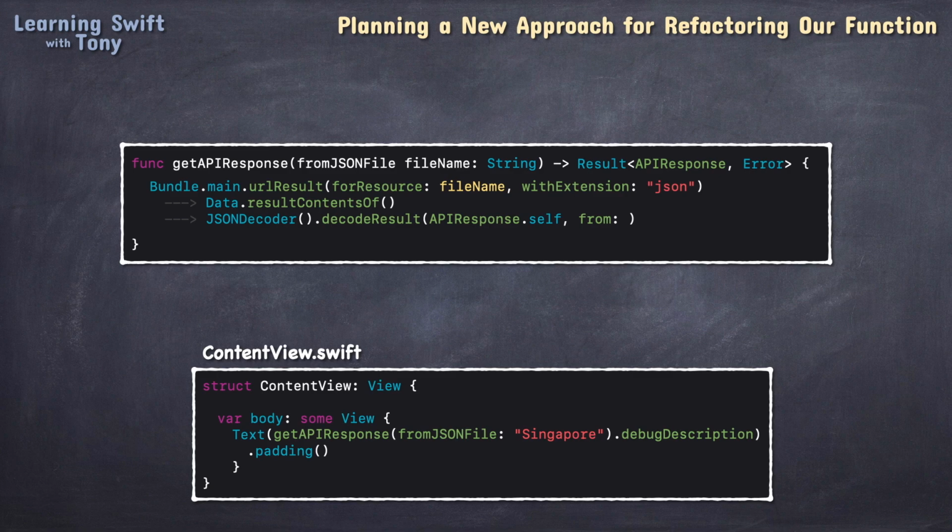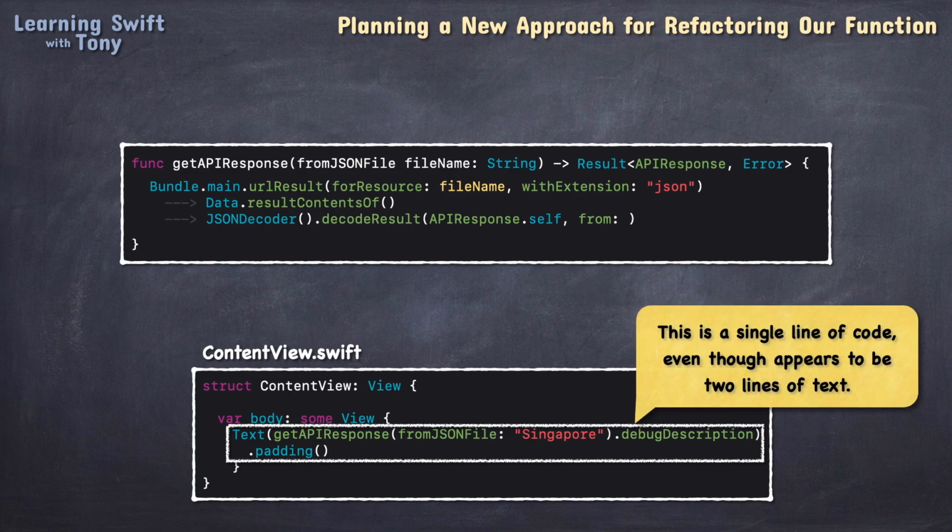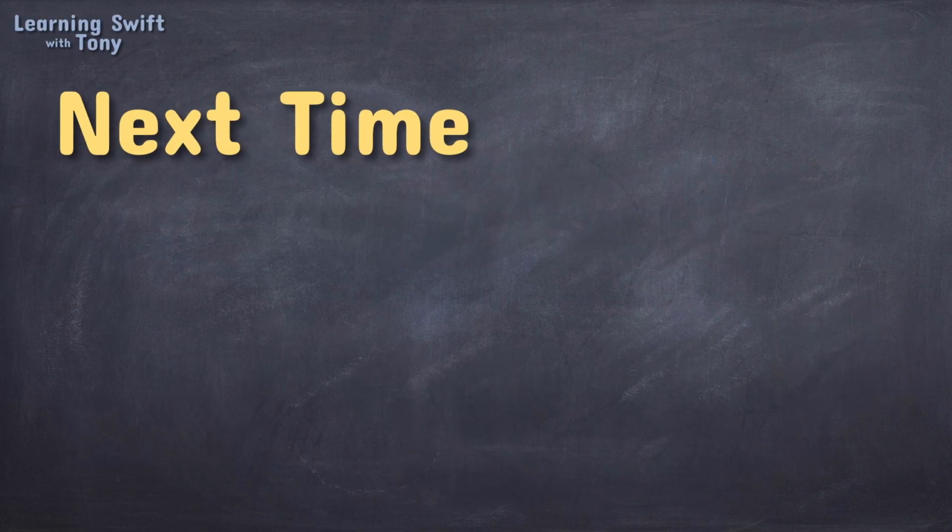The text subview with a padding call after it is in reality a single line of code, but appears to be written on 2 lines of text. Our function will, similarly, make 3 separate calls, which will be chained together in a single line of code by using the dot notation. I invite you all to come back next time to see how we will make these changes to our codebase.